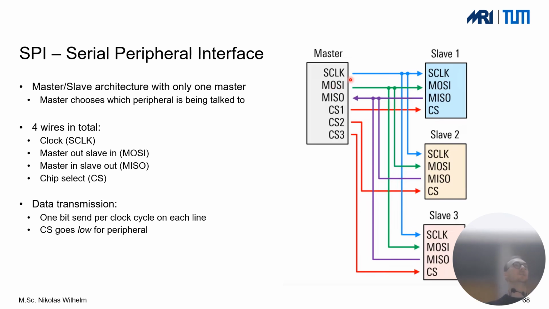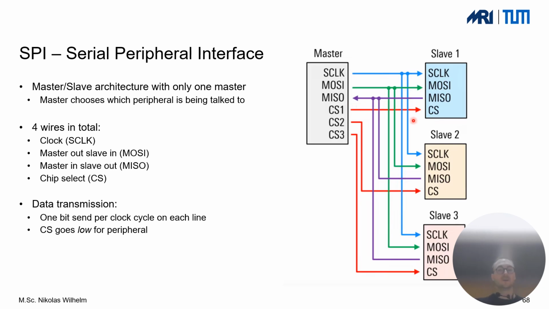This is the data line used by the master to send out data to the respective slaves. The slaves all use the shared data line MISO, master in, slave out. This is the one that the slaves, or the sensors, use to send data to the microprocessor in the end.